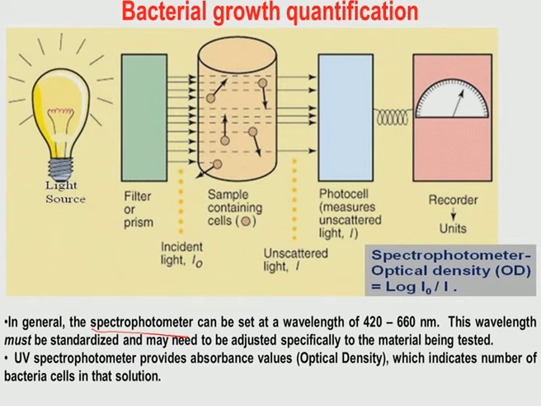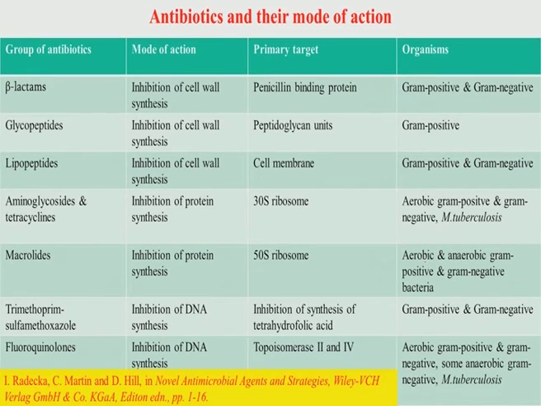In both cases you measure the intensity of the transmitted beam, and optical density is determined by the logarithm of the ratio I naught by I. From there you can find the optical density of any bacterial growth condition.